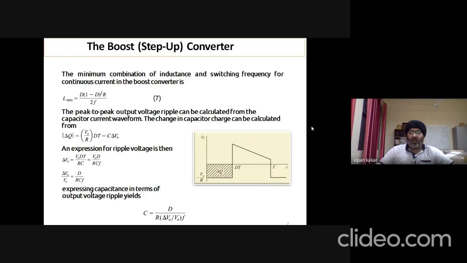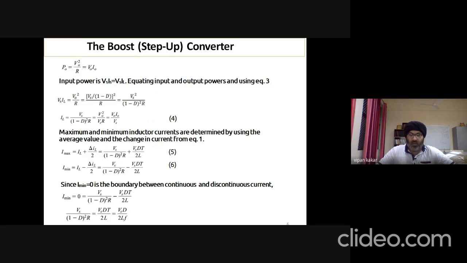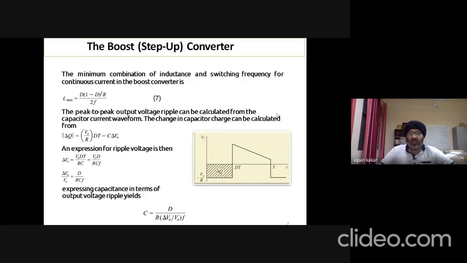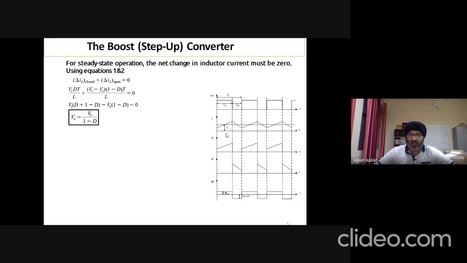Okay. So now again, based on the previous equation, we can easily find the combination of inductance and switching frequency for continuous current mode, like this one.